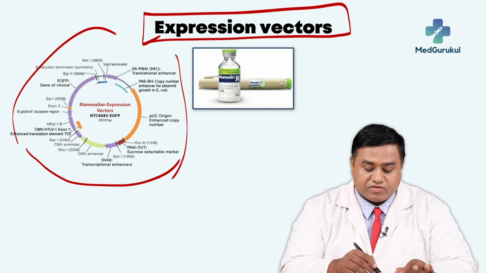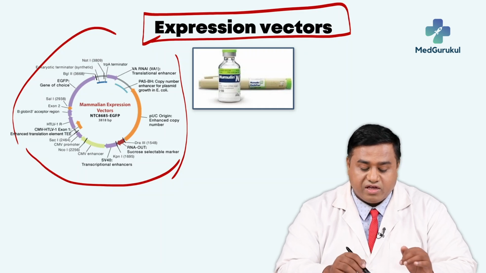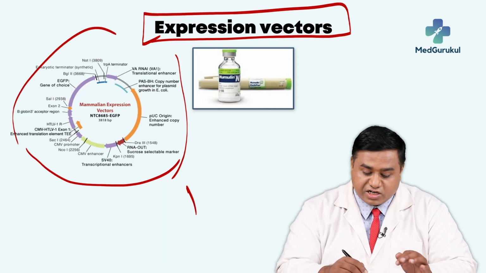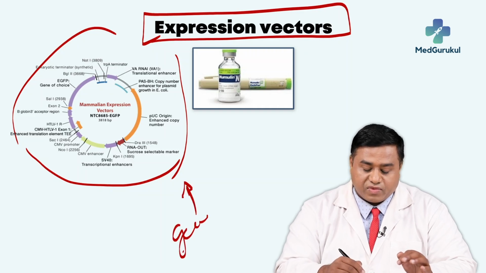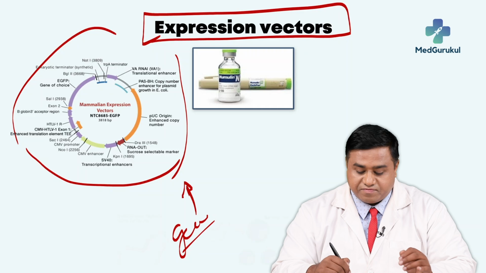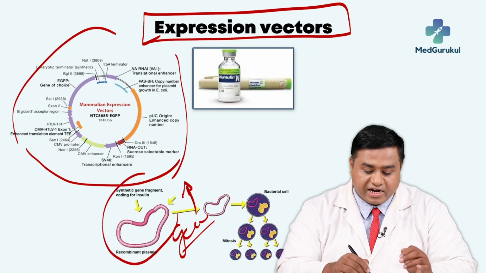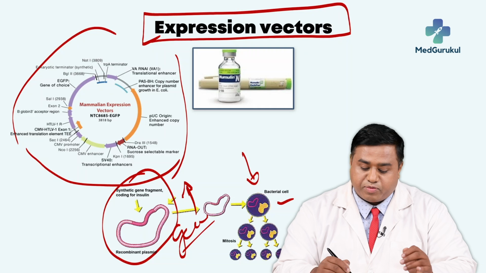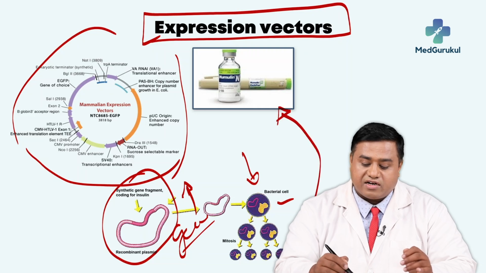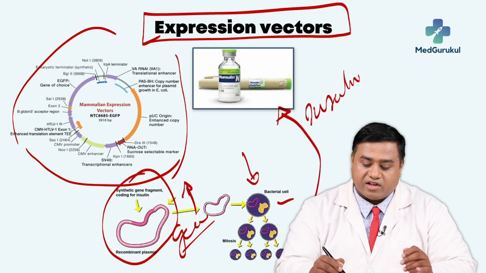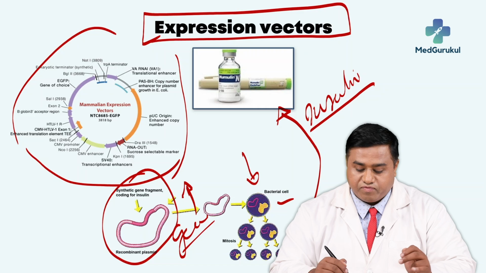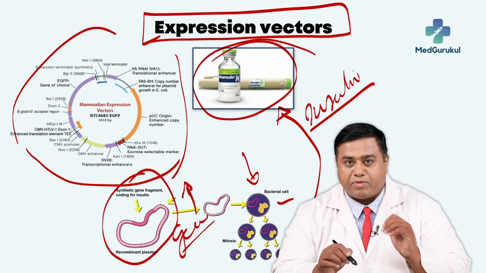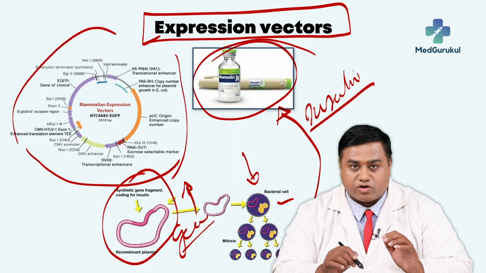So, using any of these restriction enzymes, we can open up this expression vector, introduce our gene of interest, take this recombinant DNA, insert it into the bacteria and make the bacteria produce our protein, in this case insulin, and produce human insulin. This is one application of recombinant DNA technology.